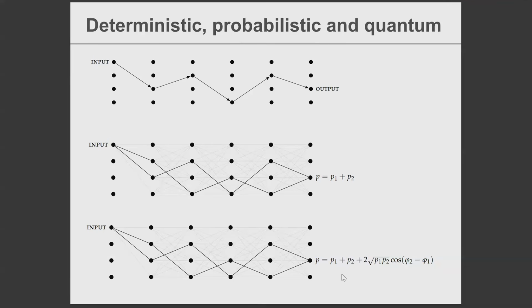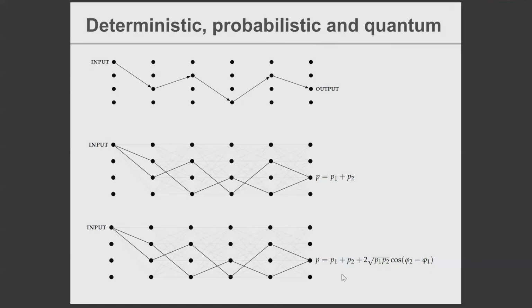You can consider taking one of several computational paths, and you end up in the final configuration. The probability that you will end up there is the sum of the probabilities corresponding to individual paths, right?